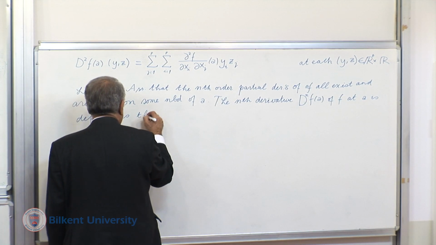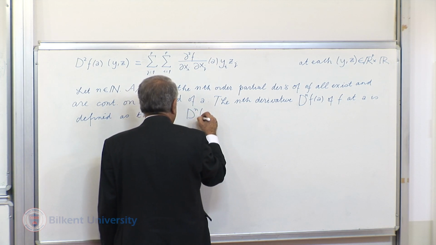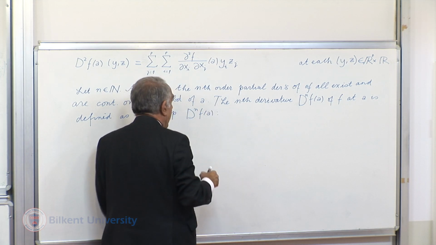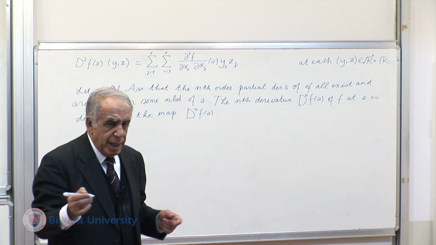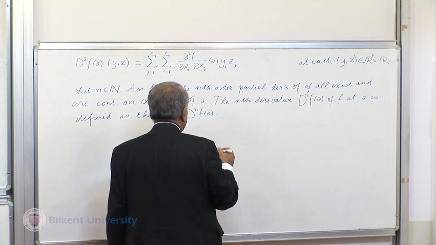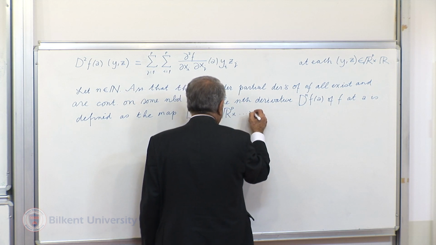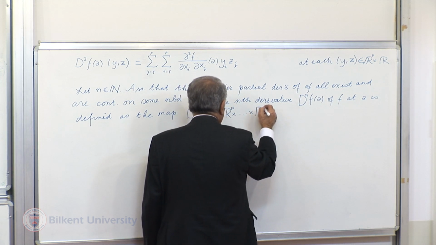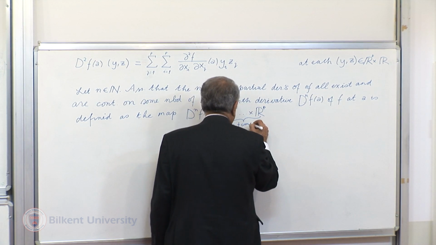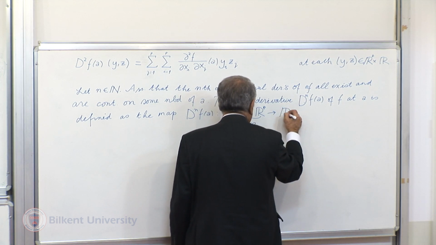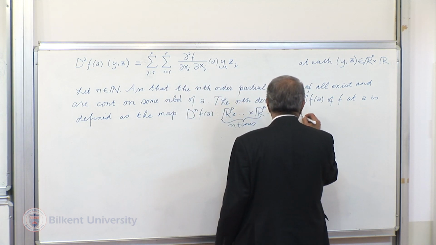dⁿf(a). Now here we will actually take n copies of Rp and form their Cartesian product, n times, with real values.